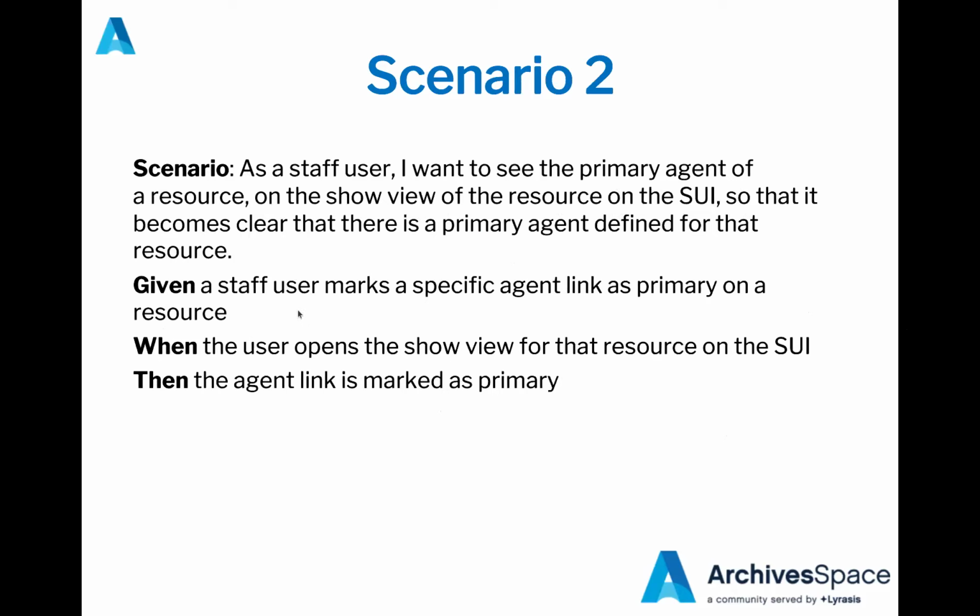So given a staff user marks a specific agent link as primary on a resource, this is a very abstract description of what the precondition of this scenario is, but which actually just refers to the necessarily relevant details for this scenario. That, which basically is that a specific agent link is marked as primary for that resource.